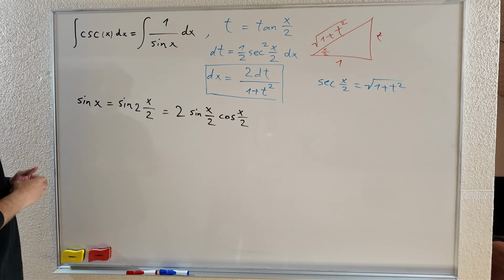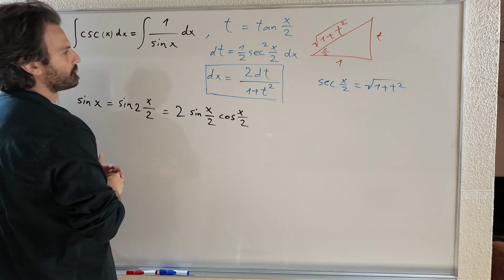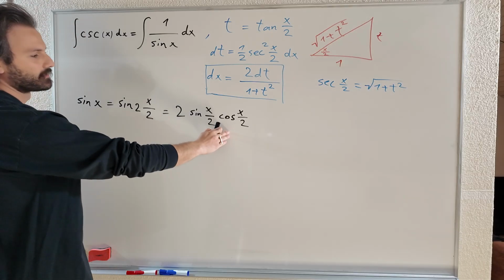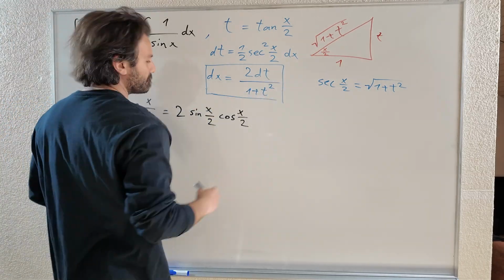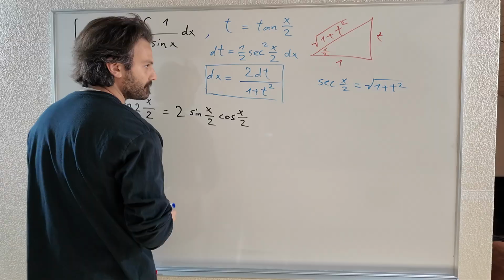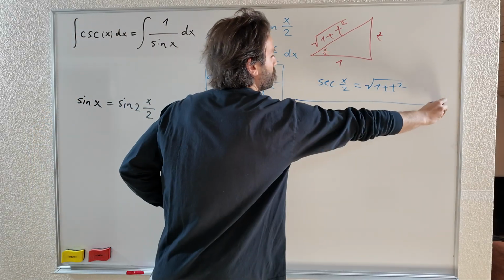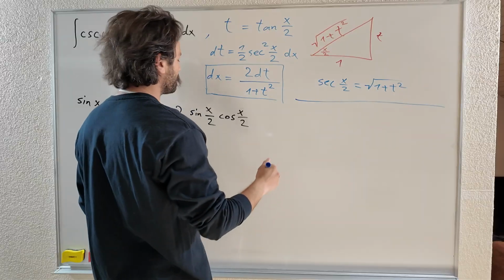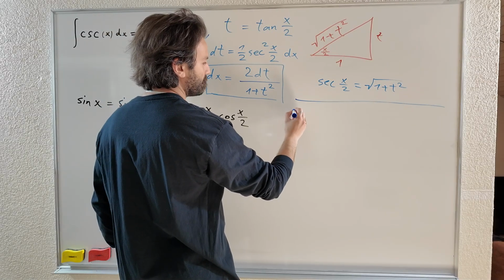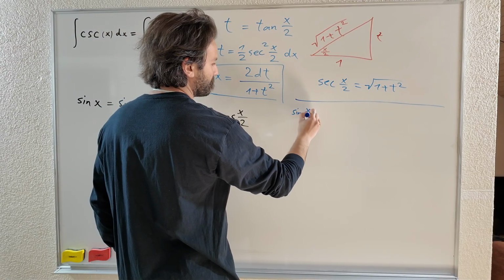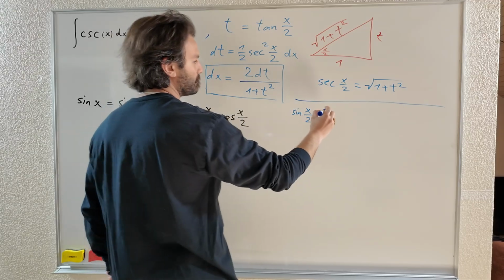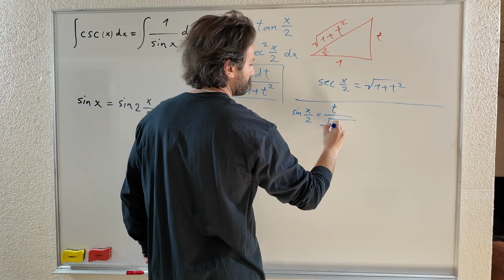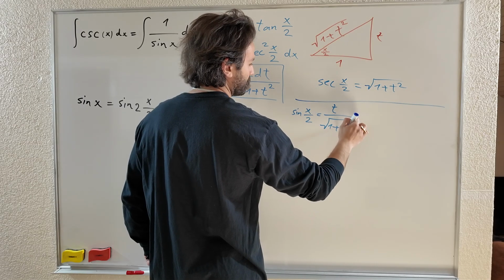All right, now we need to express sine of x over 2 and cosine of x over 2 with our triangle. So let's try to do so. We know that sine is given as the opposite over the hypotenuse, so therefore we have that sine of x over 2 is equal to t over square root of 1 plus t squared.